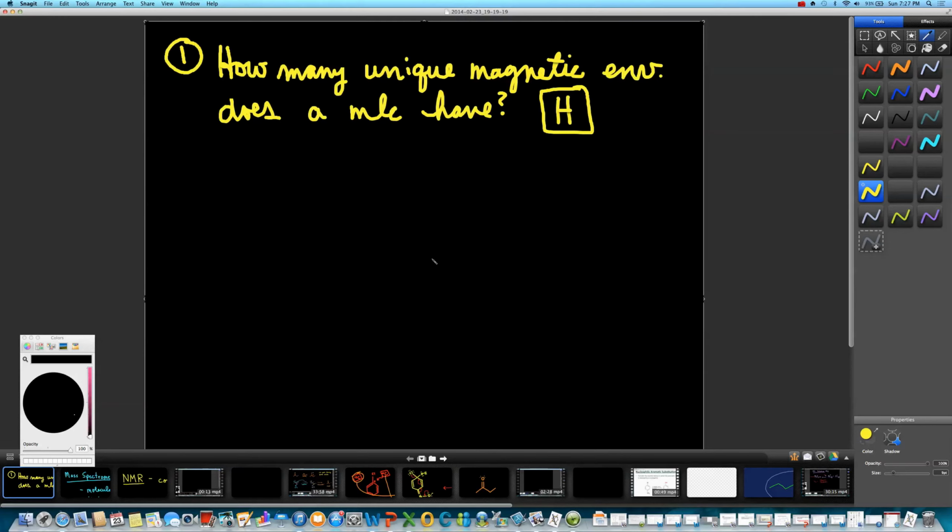Let's just briefly consider a simple spectrum for ethanol. Of course, ethanol has the following structure. So it's CH3, CH2, OH. And so we'll see one signal from this H, which we'll call HA.